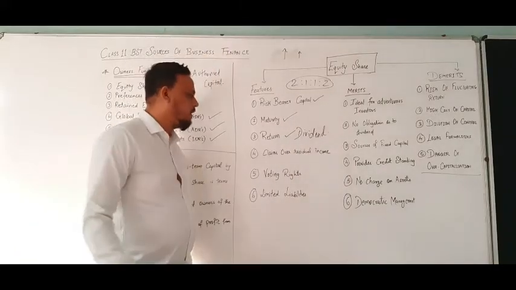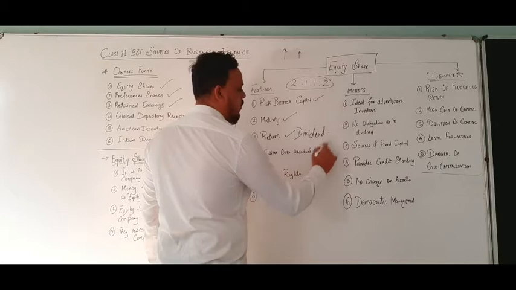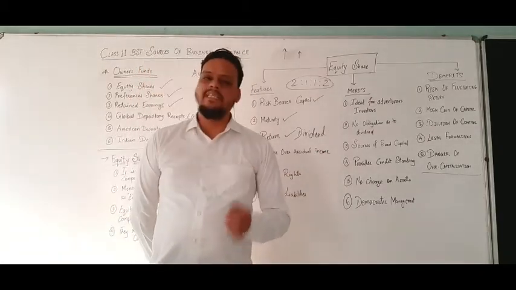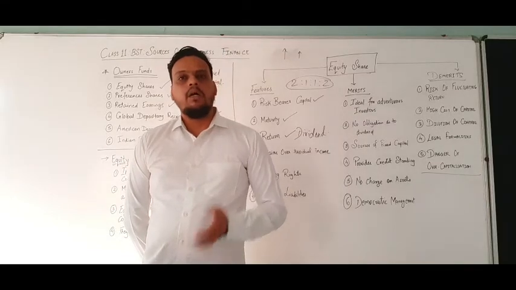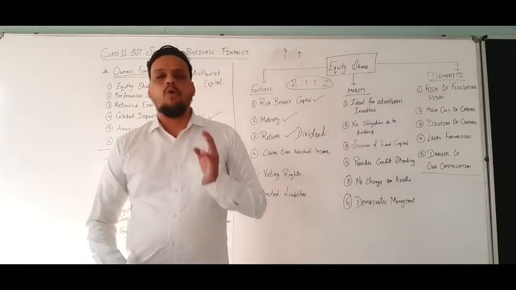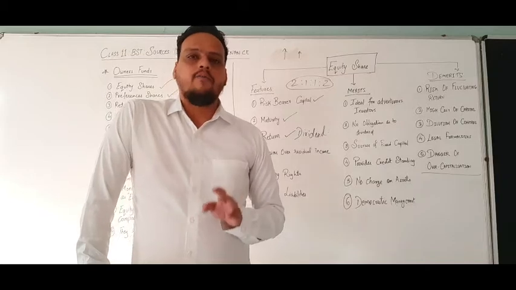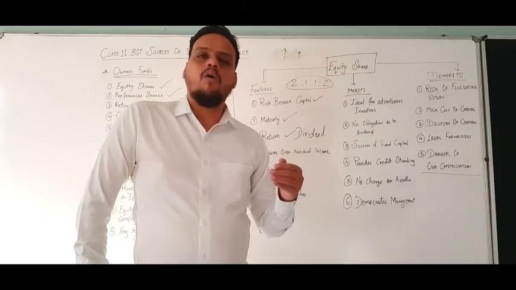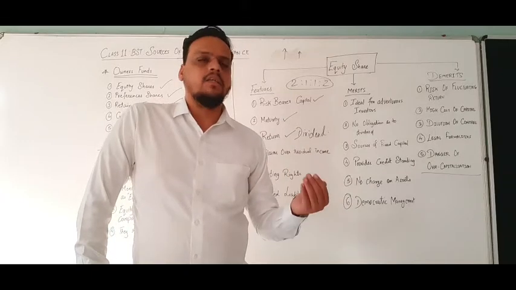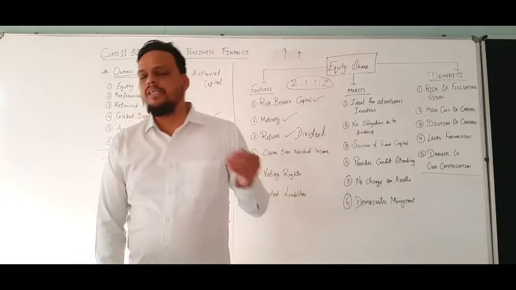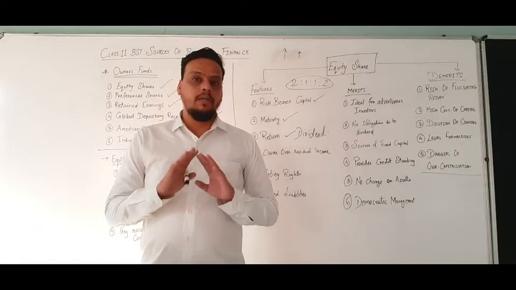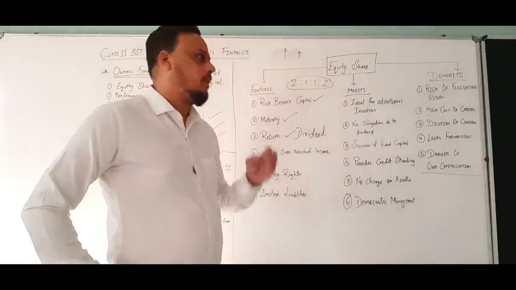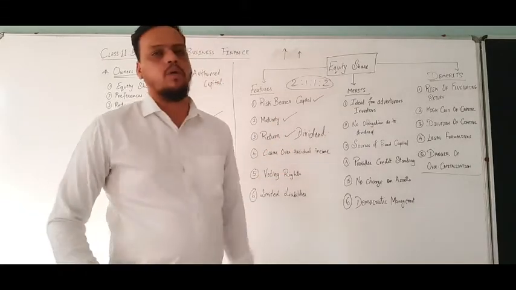Now, the next point is claim over residual income. As you know, the owners of the company are the shareholders. The company pays all the creditors' amounts, borrowings, interest, everything completely. The remaining amount of the profits is residual to the shareholders.